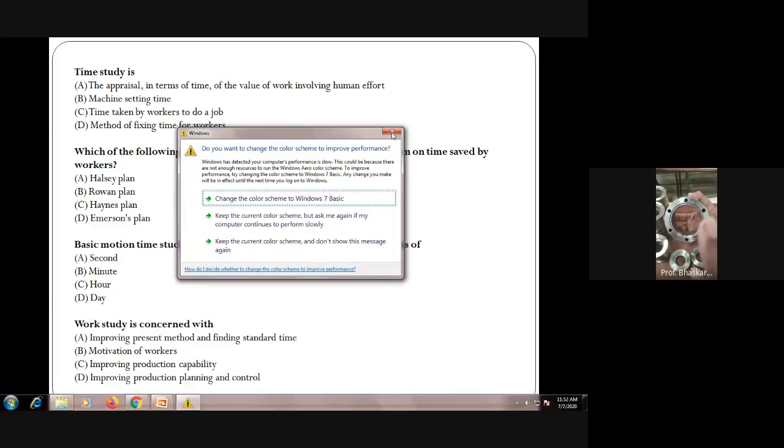In this basic time, if you add allowances, maybe contingency allowance or personal allowance, then it becomes the standard time. Already we have calculated 20 minutes for a job. But for your study purpose, you can go through this also. Whenever you get the opportunity to come here, you can calculate the standard time required to manufacture the job. So this is work measurement.